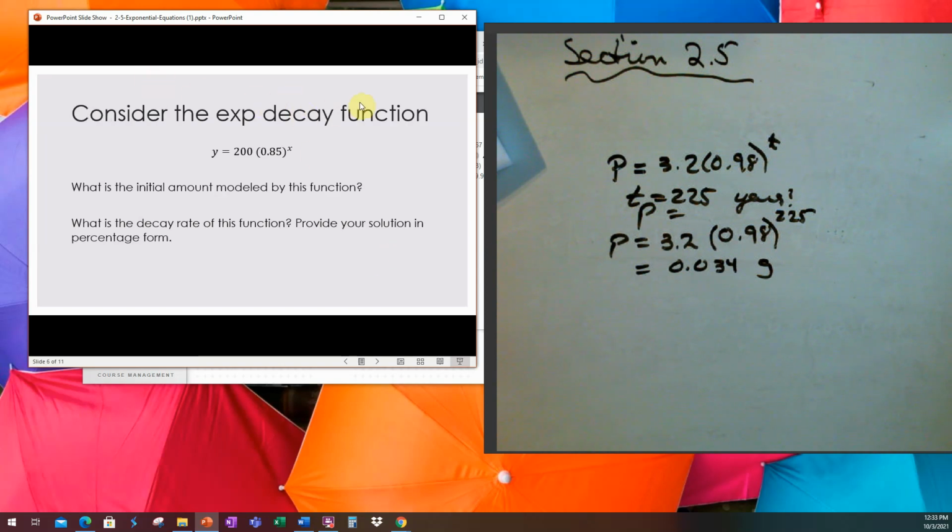So consider this exponential decay function, and then it's going to ask you certain things. What is the initial amount modeled by this function? 200. So we're starting out at 200. If x is 0, anything to the 0 is 1, and then that's just 200. So that's the initial amount. What is the decay rate? Well, it's decaying at a rate of 0.15, or 15% a year. Provide your solution in percentage form.